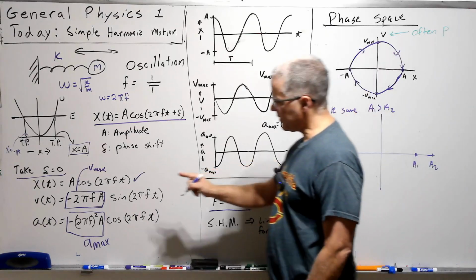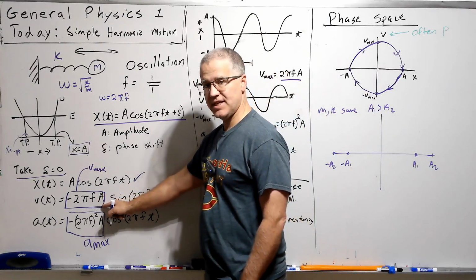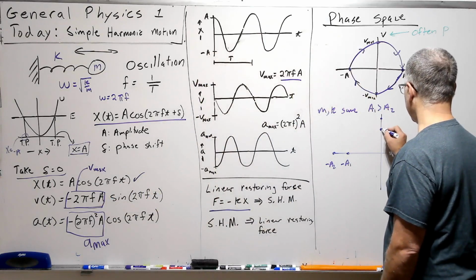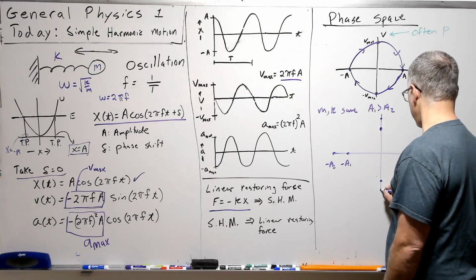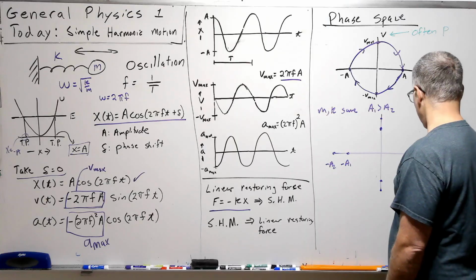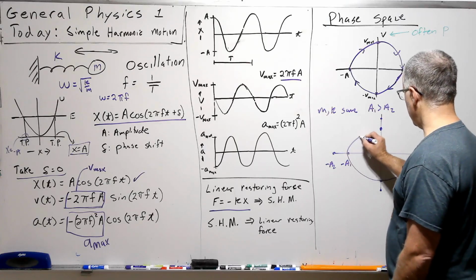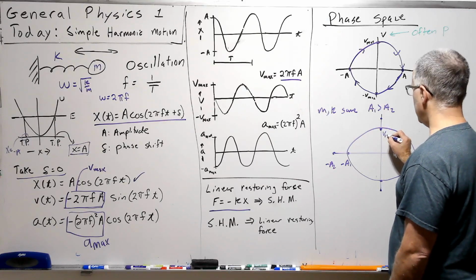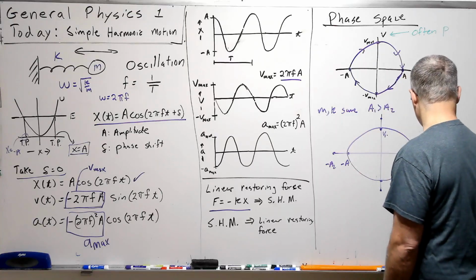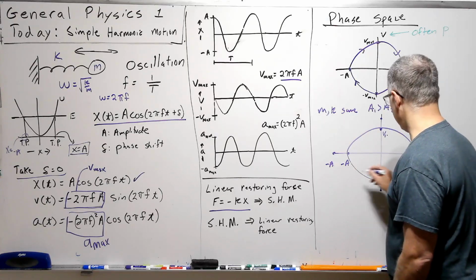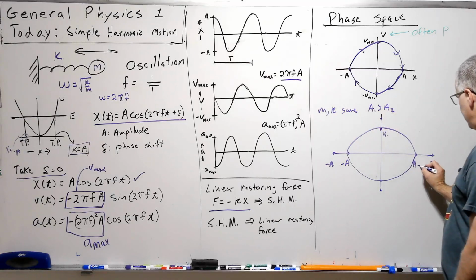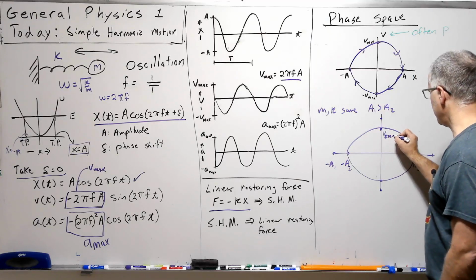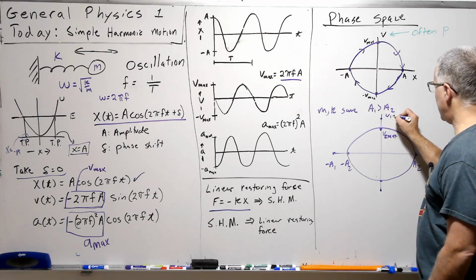Now, the frequency will be the same, but the Vmax also depends on A. So we're going to have 2 like this. And the A1, this is V1. Oh, sorry, these are backwards. A1 is greater than A2. And this is V1 max.